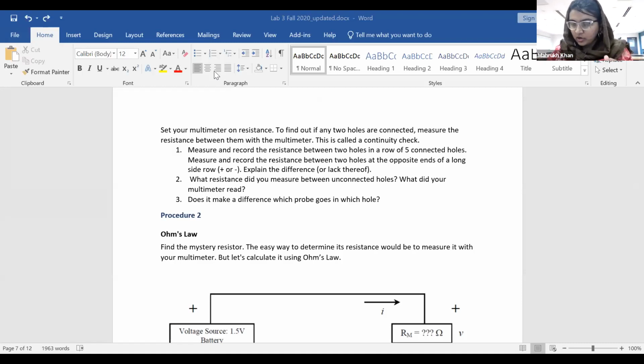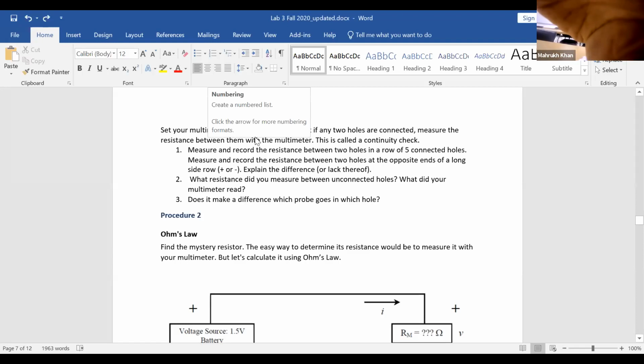So I check continuity by taking two small wires. These two small wires I take, and then I put them in the holes. Okay, let me show you. So I will put the wires.